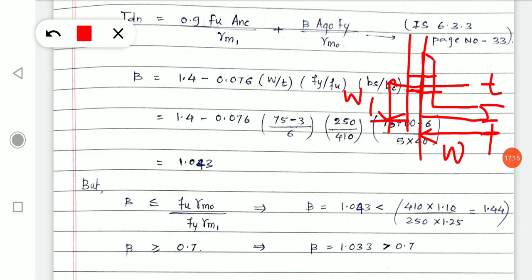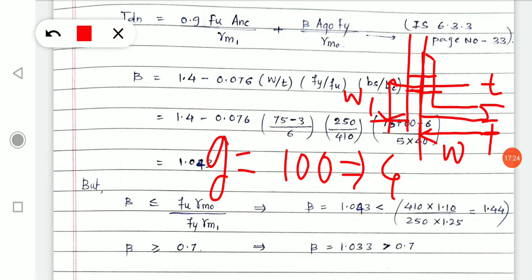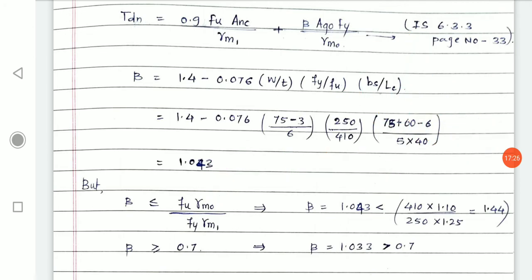So for W1, if the 100 mm leg is connected, G says take the G distance equal to 60. Take the G distance equal to 60.